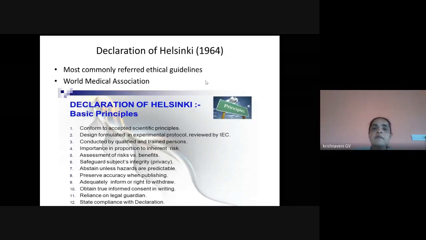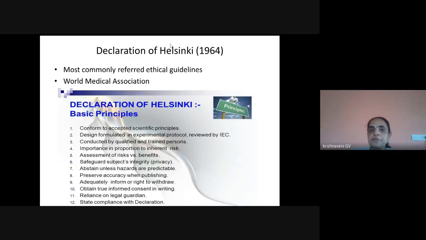Researchers anywhere in the world talk about the Declaration of Helsinki. Helsinki is a place in Finland where it was first proposed, and every nation which has its own set of ethical codes for research draws aspects and knowledge from the Declaration of Helsinki.